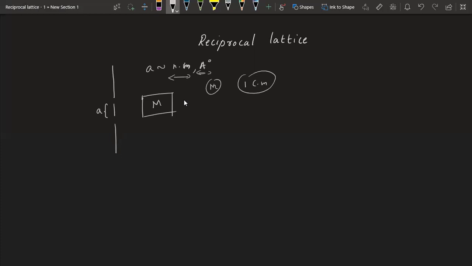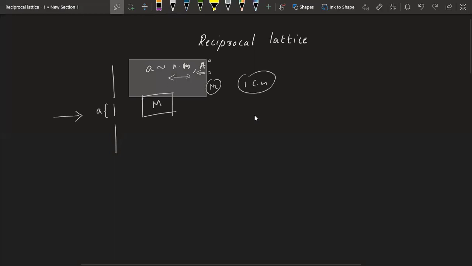Also, to see the slits you need some light source, otherwise you won't be able to see them. So there are drawbacks and limitations in using microscopes, and we'll need some other method.